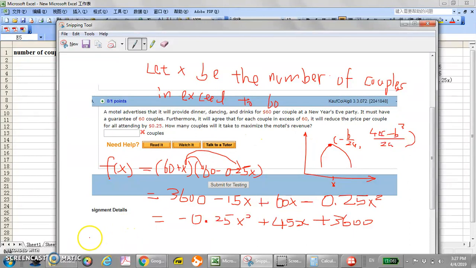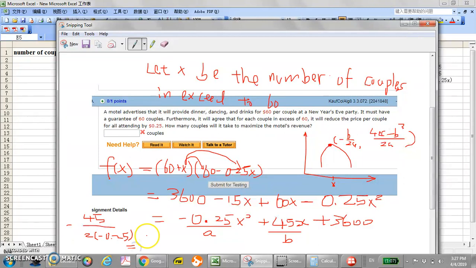So now we just need to compute negative b over 2a. Here a is negative 0.25, and b is 45. So negative b over 2a is negative 45 over 2 times negative 0.25.